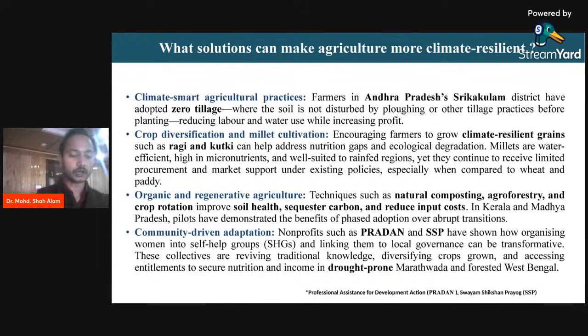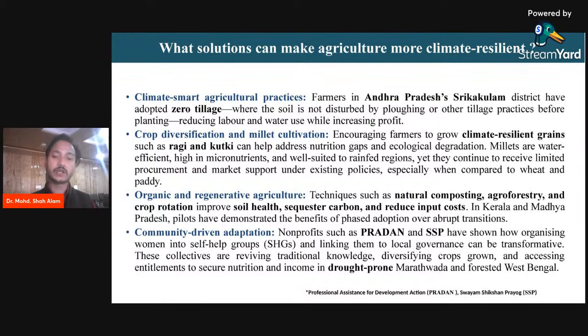Next, now we talk about the solutions we can make to make our agriculture more climate resilient, or more adapted to the climate. The first one is climate smart agriculture practices. Farmers in Andhra Pradesh, Srikakulam district have adopted zero tillage, where the soil is not disturbed by plowing or other tillage practices before planting, reducing labor and water use while increasing profit.